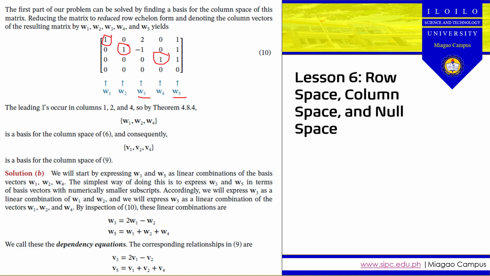By inspection, these linear combinations are w sub 3 equals 2 w sub 1 minus w sub 2, and w sub 5 equals w sub 1 plus w sub 2 plus w sub 4. We call these the dependency equations. The corresponding relationships are for v sub 3 and v sub 5.